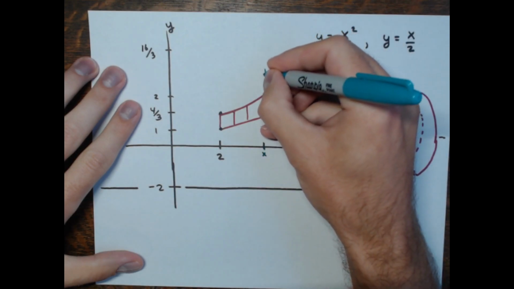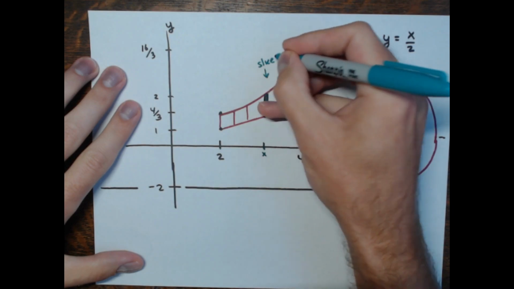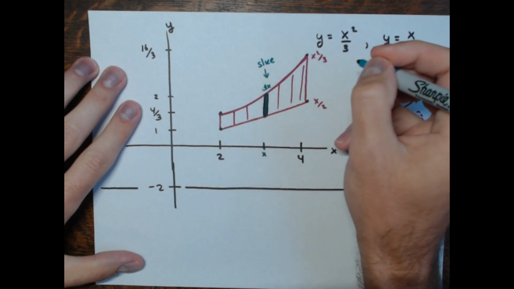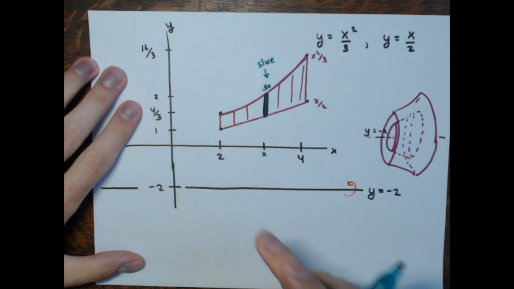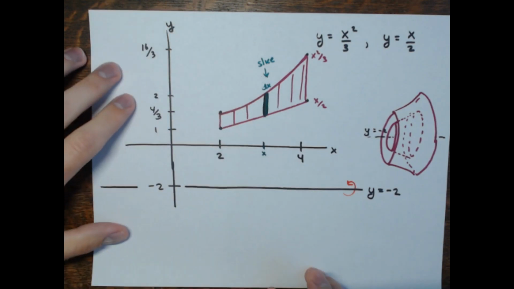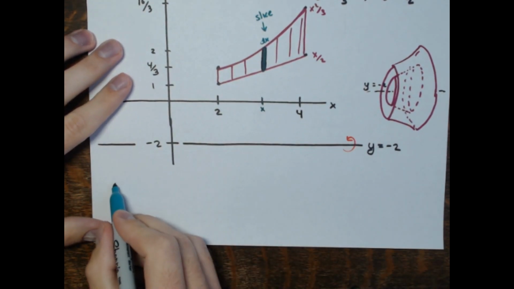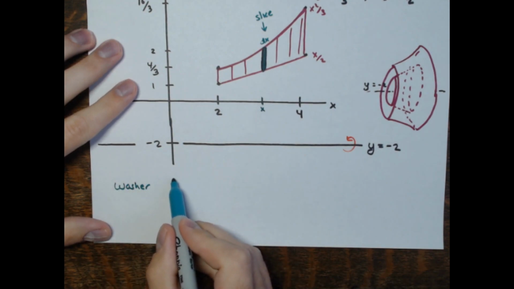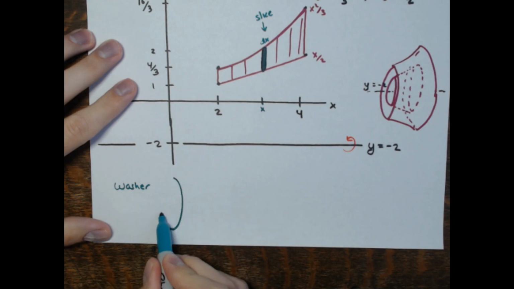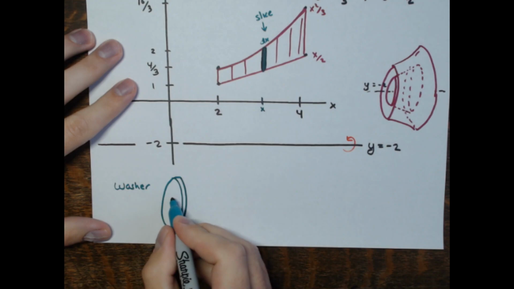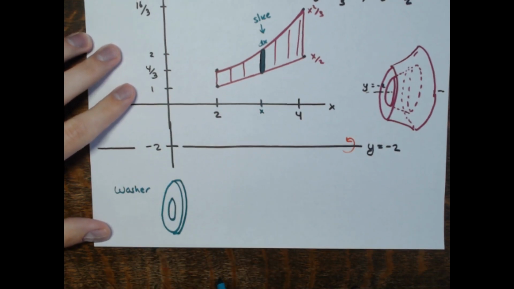So here's a slice, just a little thin rectangle, and it's going to have thickness dx. Then when I rotate just this slice around the line, we create what's called a washer. Because it's basically a big disc with a little disc cut out of it, with a hole in the middle.